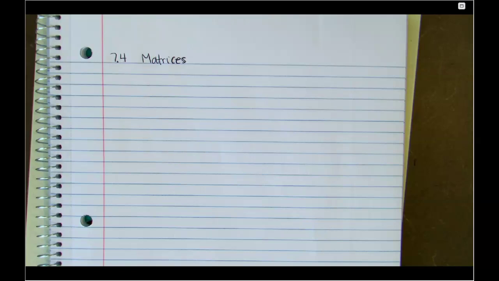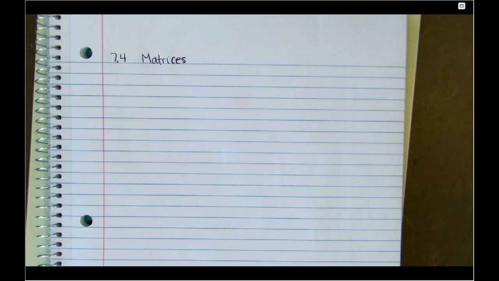But if I gave you something like 2x plus 3y plus z is equal to 4, and 5x minus 2y plus 3z is equal to 20, you'd be like, no thank you, because there's 3 variables but not 3 equations. This is actually a solvable thing, and so we are going to get into how you solve that, and the way that we do that is using something called matrices.